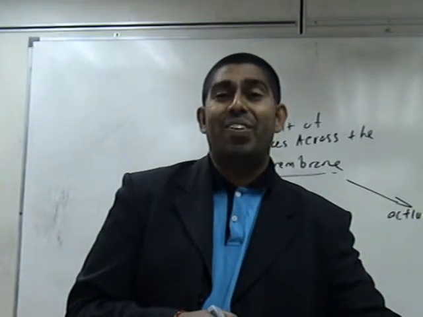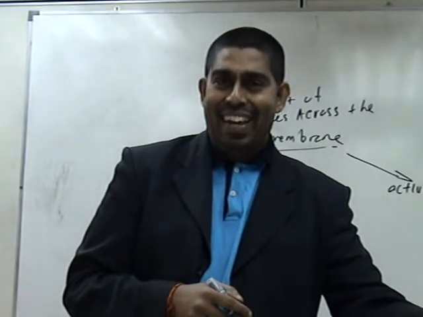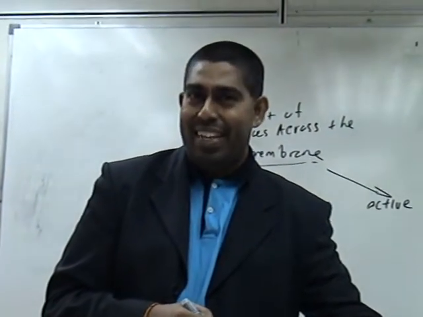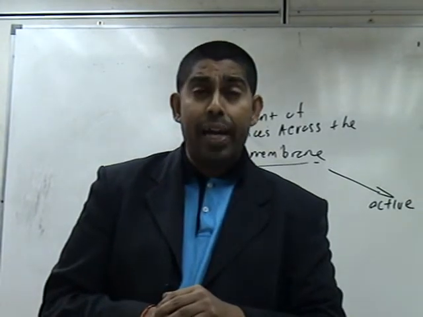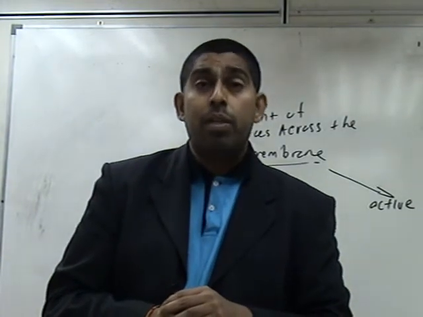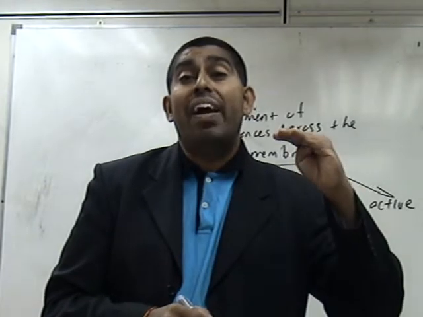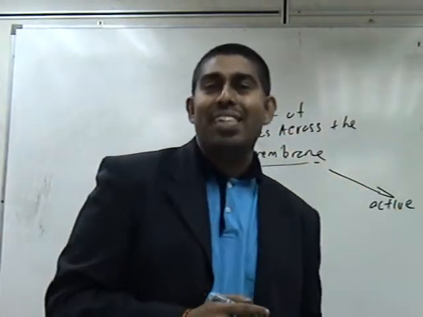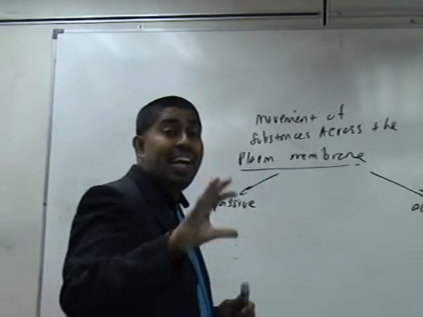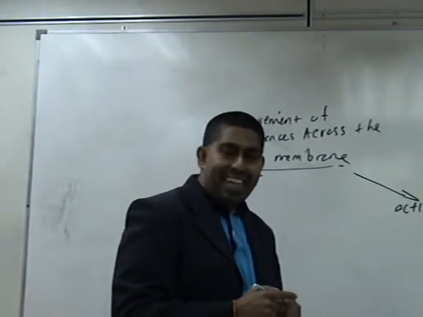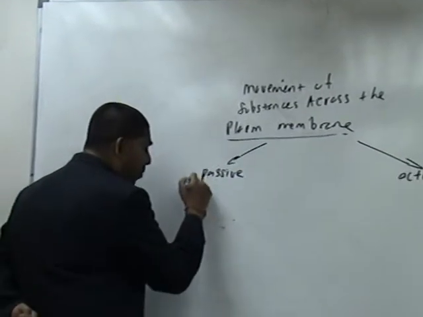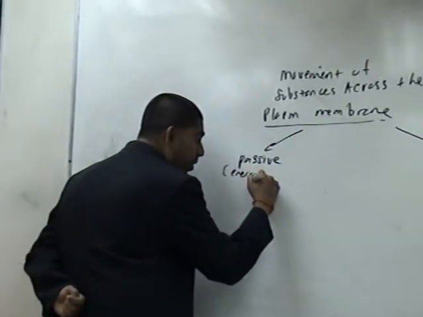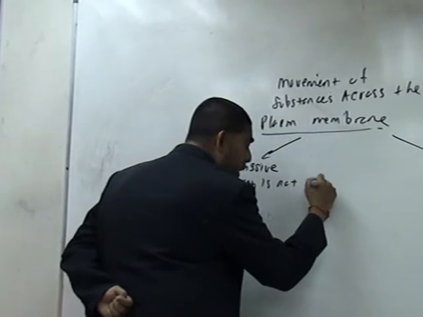What can you understand from here, students? Yes, I hear some of you telling me the answer. You are absolutely right. Passive means they use very less energy, or in this case, energy is not needed. So passive here means a process where energy is not required.